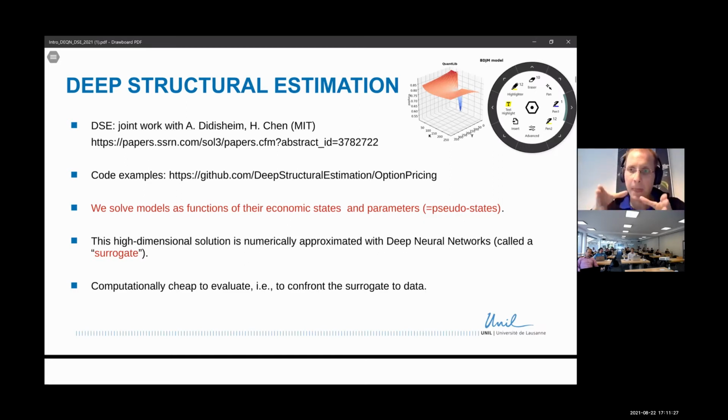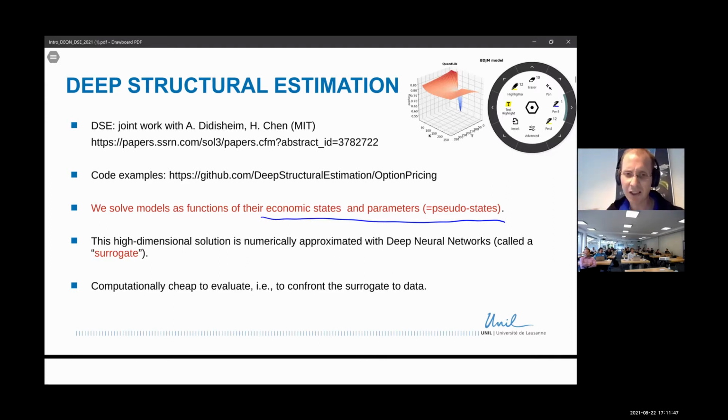Since we can deal with very high dimensional problems, what we will actually do is add the parameters to the state space as additional states. It sounds very trivial, and it is in fact trivial.